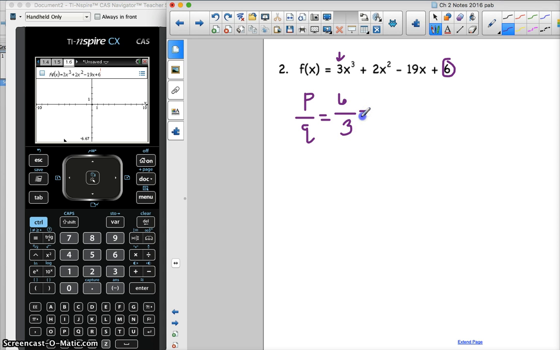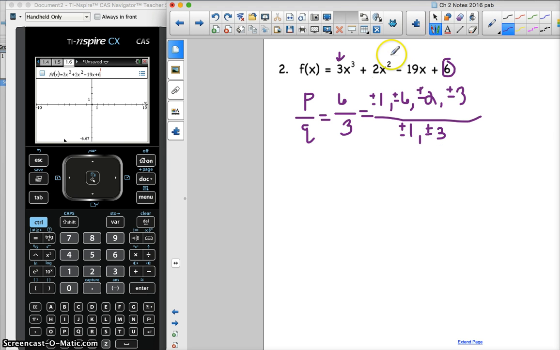I know that the factors of 6 are positive 1 and positive 6, and negative 1 and negative 6, so plus or minus 1, plus or minus 6, also positive and negative 2, and positive and negative 3. The factors of 3 are positive and negative 1 and positive and negative 3.